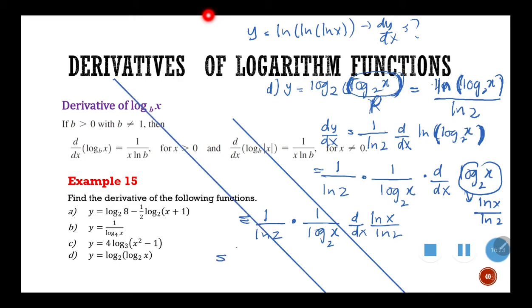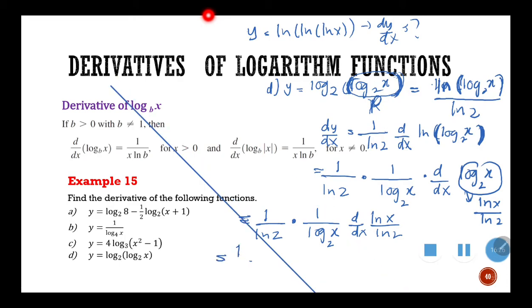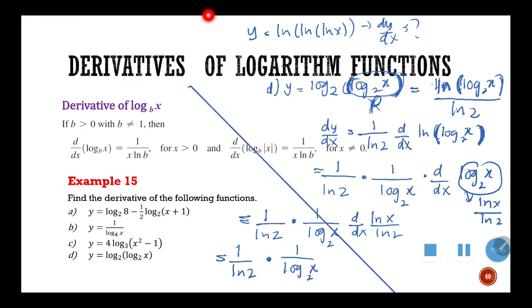Dan dari sini kita ada 1 over ln 2 times 1 over log x base 2 times d dx of ln x over ln 2. Ln 2 tu is just a constant, so you may bring it out, 1 over ln 2.